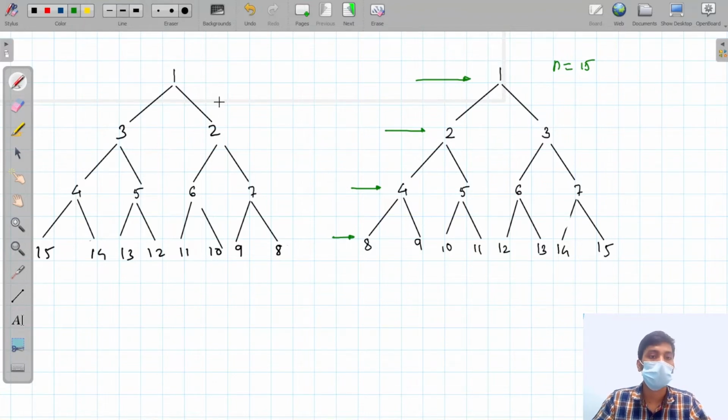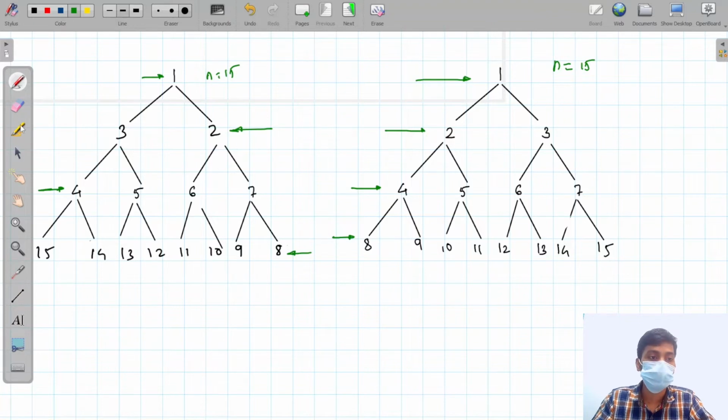You can see that for n equals 15, there is 15 present, which means that there are 15 nodes and everyone is occupying the correct position in the level order, right? But what is the difference between these two? The difference is that this level is in this order, this is in this order, this is again in this order, and this is again in this order. So this is the difference.